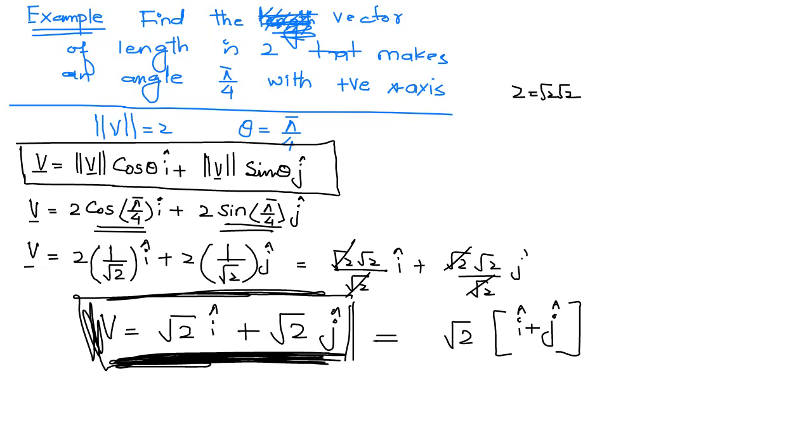Okay, good. Now, if you have the vector, how can you find the length and how can you find the angle between that? Before, we had the length and the angle and we found the vector.